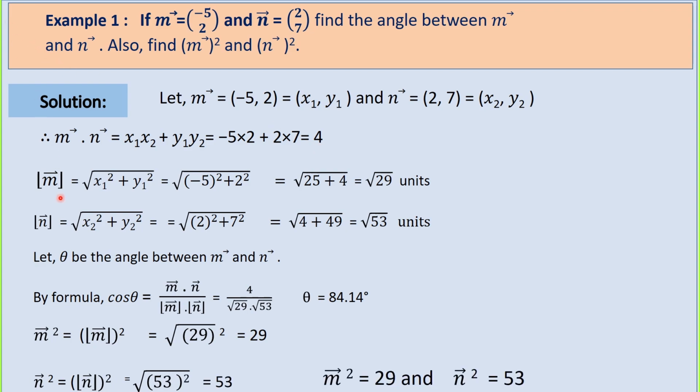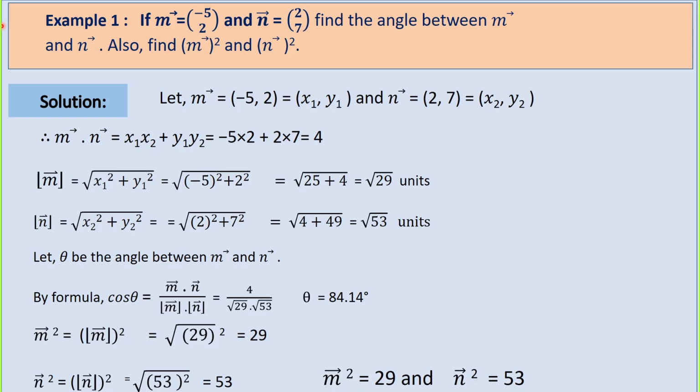Again, modulus of vector m is equal to under root x1 square plus y1 square, that is equal to under root 29 unit. Similarly, modulus of vector n is equal to under root x2 square plus y2 square, which can be written as under root 53 unit.